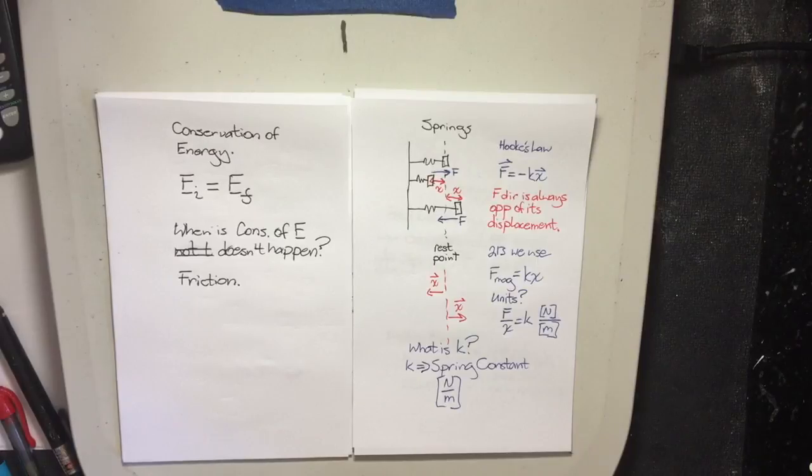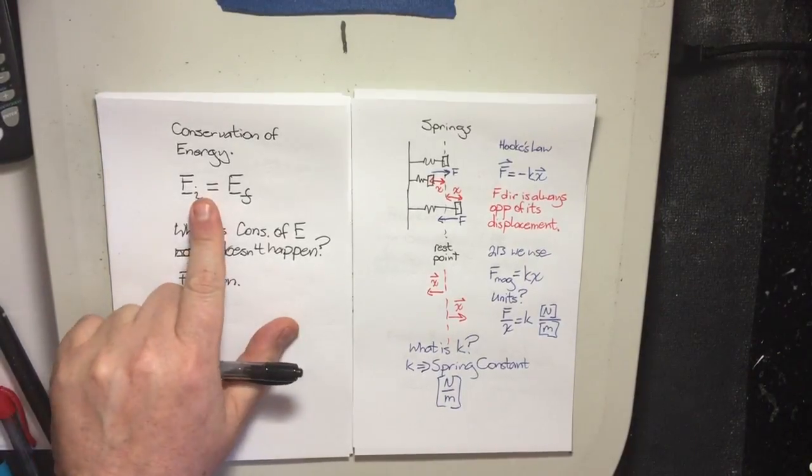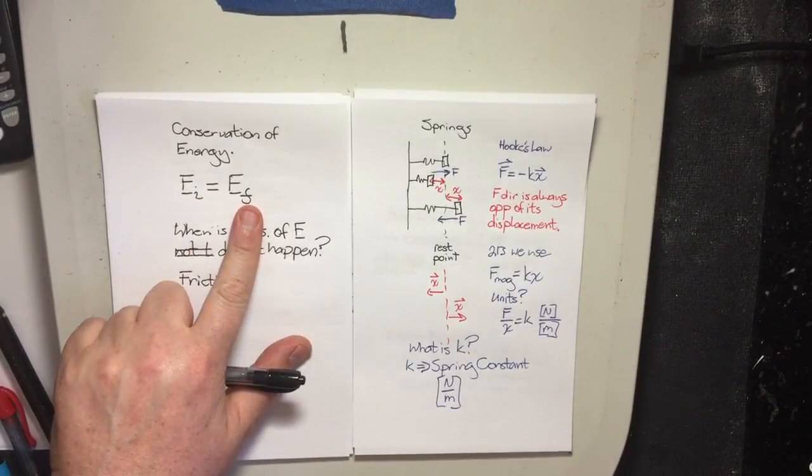Remember how I used to say earlier when I mentioned there was that summer class and I had the students trained, and whenever I said there's no friction, everybody went, yay, no friction. This is one of the reasons why. If there is no friction in the system, yay, no friction, because now you can say the conservation of energy is true.